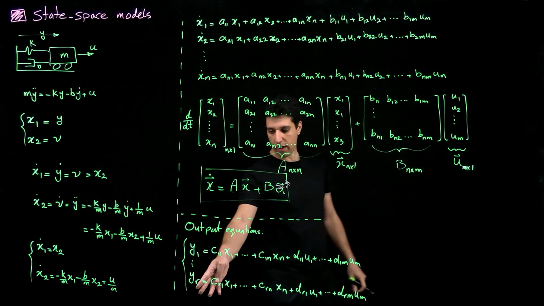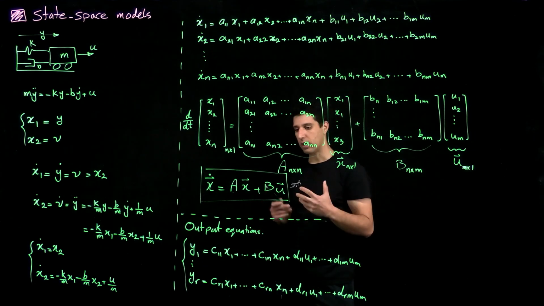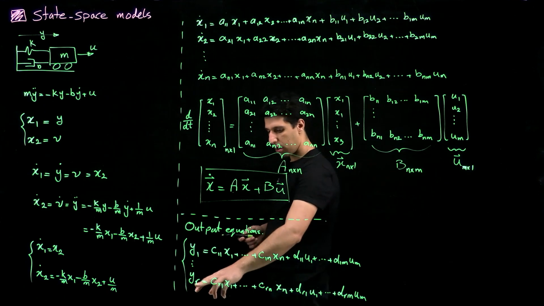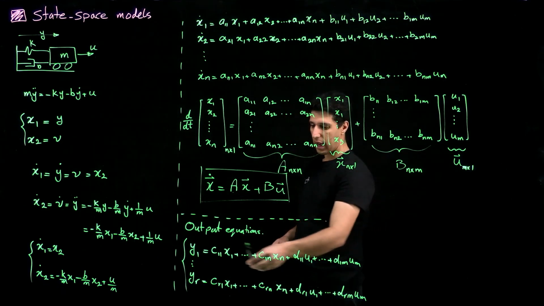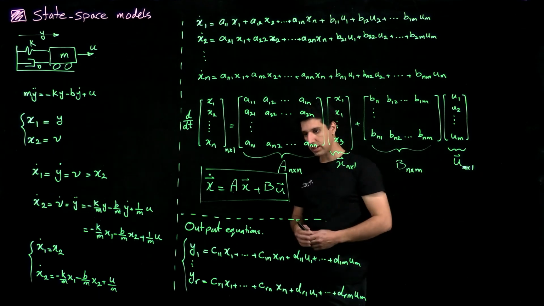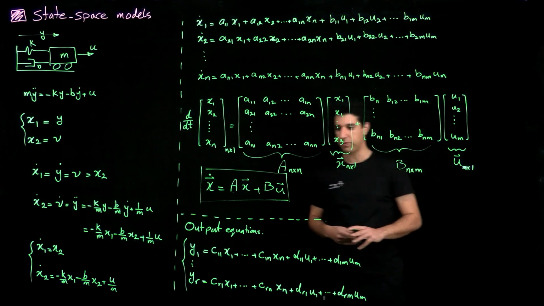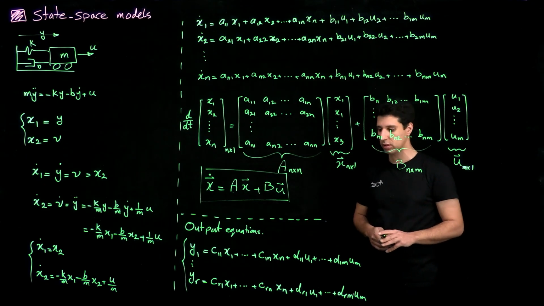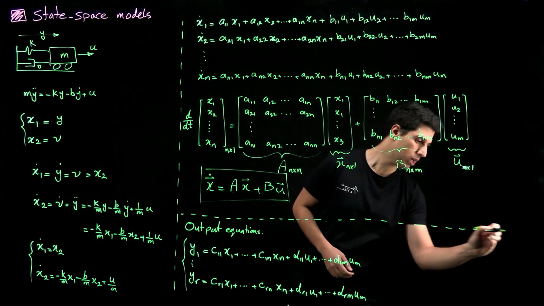I could have a different number of measurements or outputs that I can get from the system, up to some measurement yr, and if my measurements or outputs are again linear combinations of the state variables and inputs, I'm just going to continue writing here.